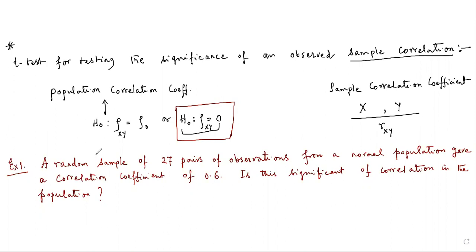I have chosen 10 boys and 10 girls who are BTech students, computer science engineering, and I have measured their IQs on the basis of certain examinations, certain topics. Now suppose their IQs show a high positive correlation coefficient.